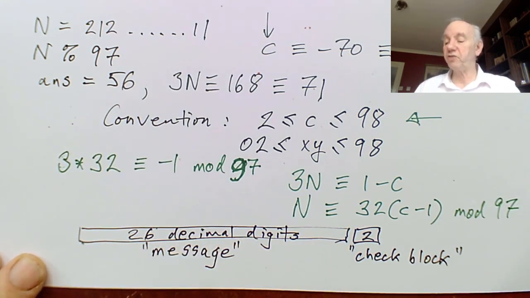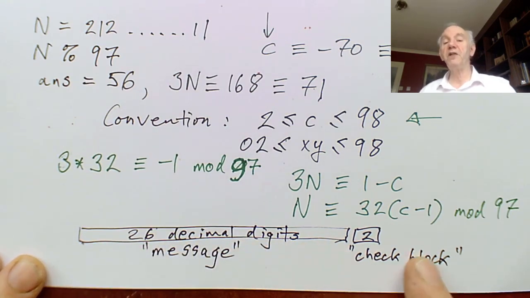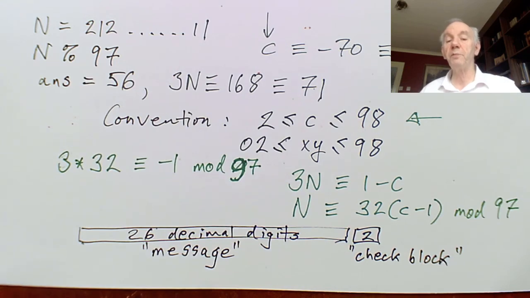We'll have certain strings of zeros and ones, and then we'll have a check block, which will often be as long as the message itself, or perhaps even longer, which is used not just to detect an error, but actually enable us to correct at least one error wherever that occurred. So that's what we'll be doing for the rest of this week.